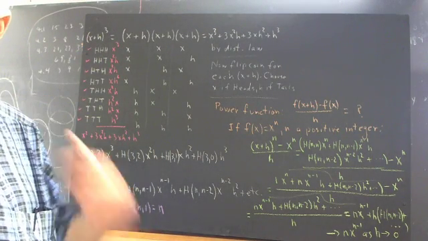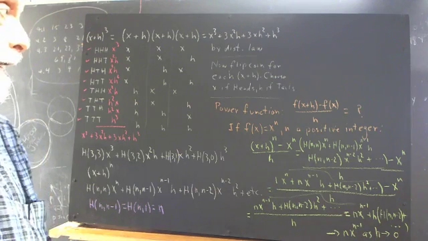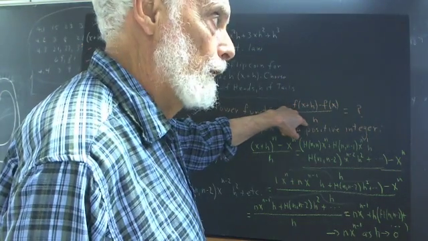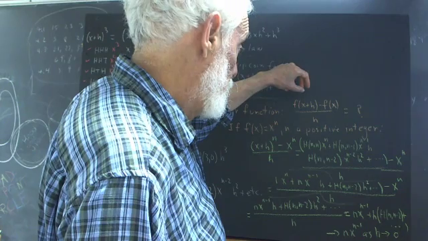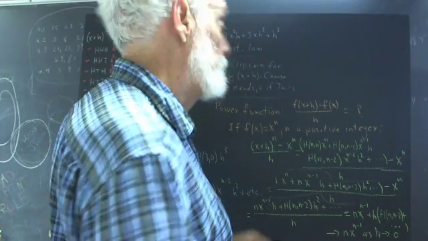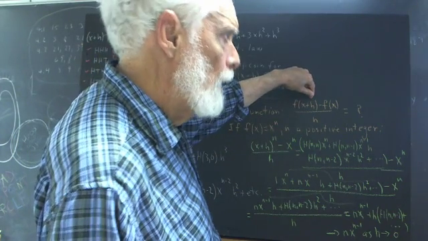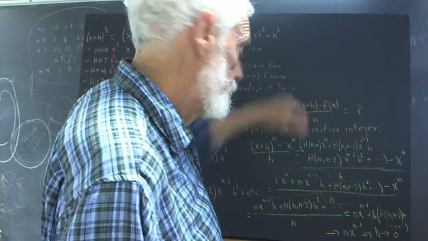Now, why is that a big deal? Well, that's a big deal because this is the slope of the graph of f(x) between the x point and the x+h point. And as h approaches 0, this approaches the slope of the tangent line at x.